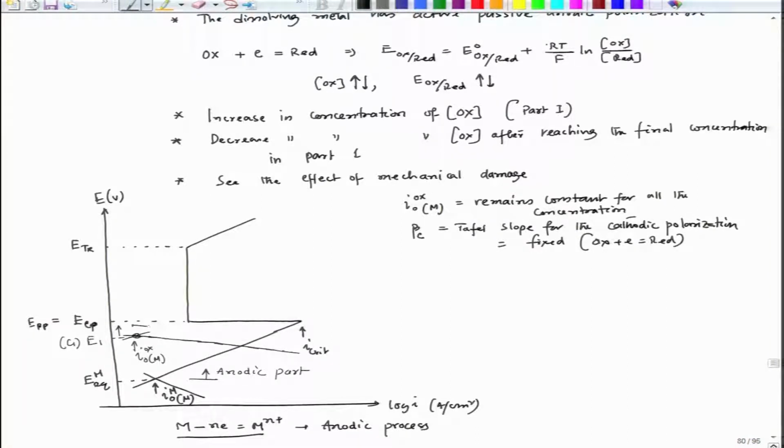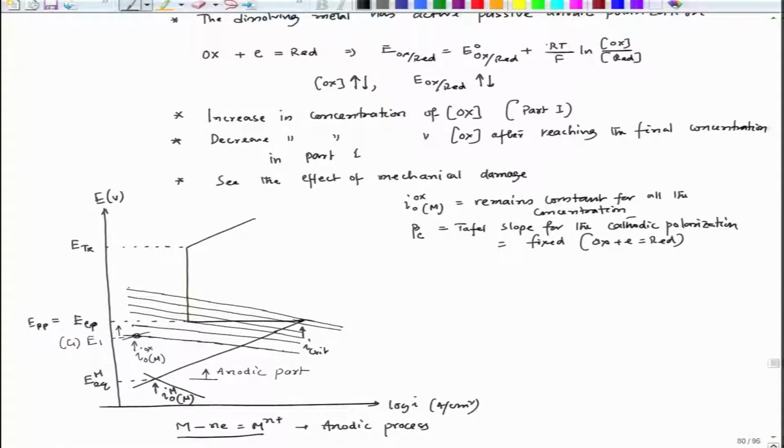This is the second composition, this is the third, this is fourth, this is fifth, this is sixth, which is, let us say, just crossing the critical.